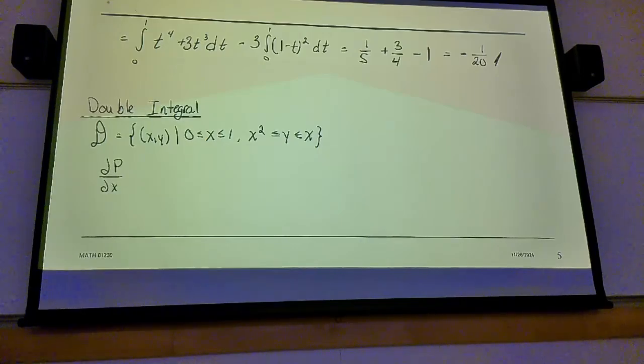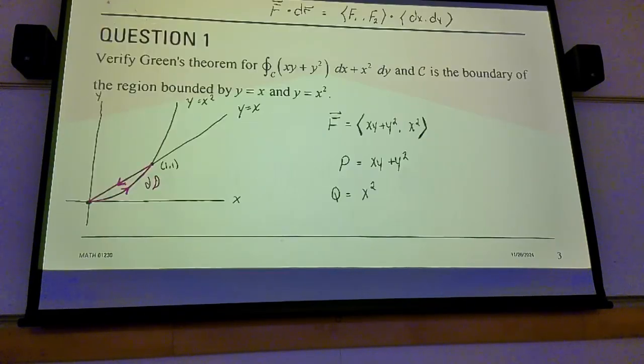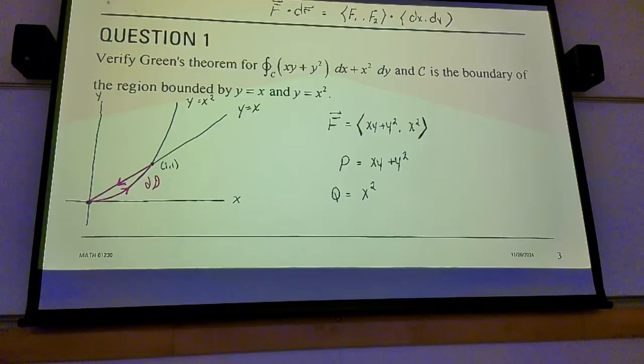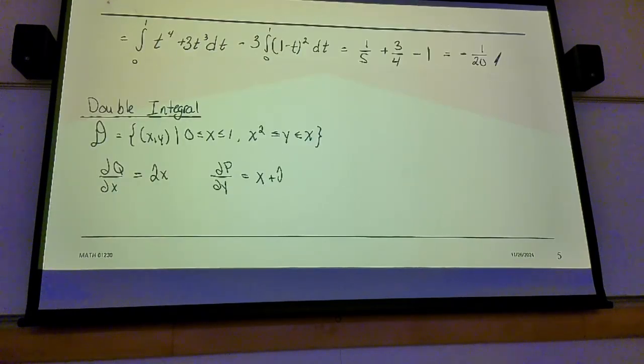Partial Q, partial x: 2x. Partial P, partial y: x plus 2y. So x plus 2y minus 2x is 2y minus x.